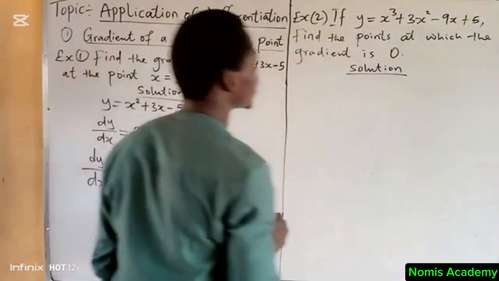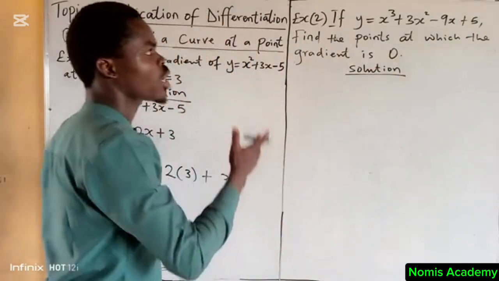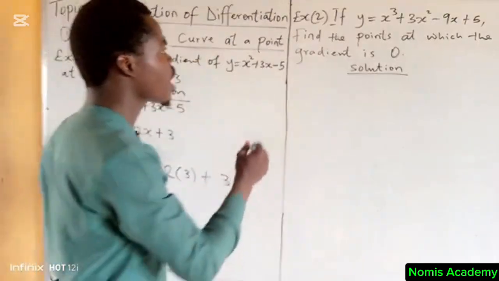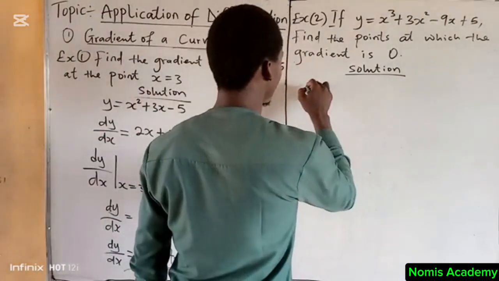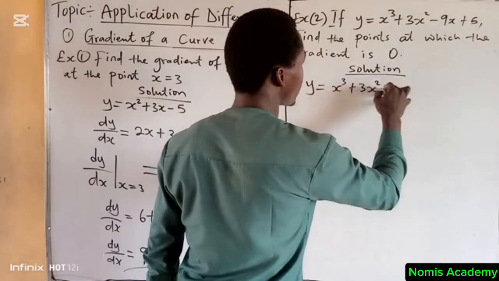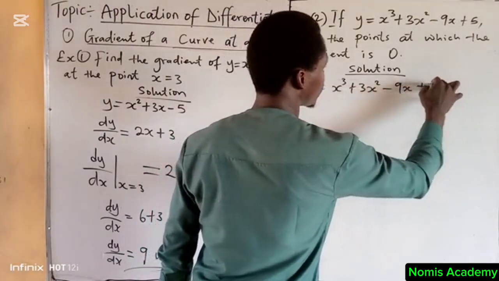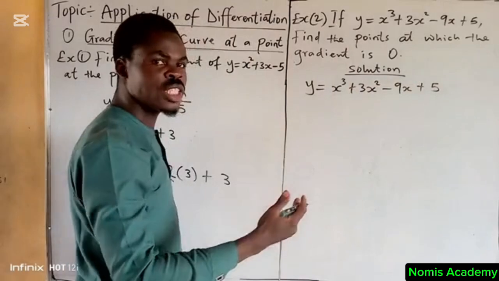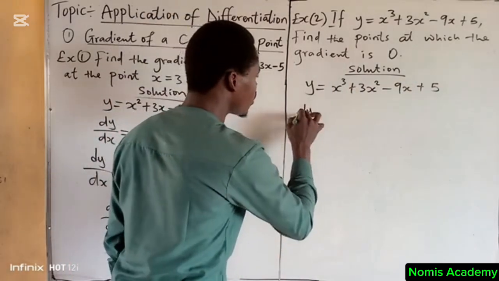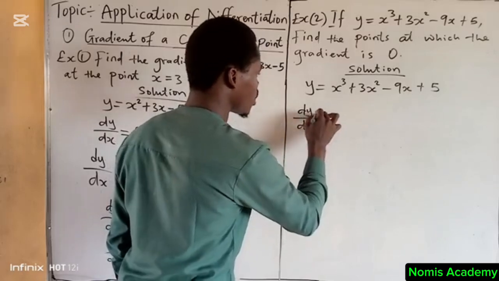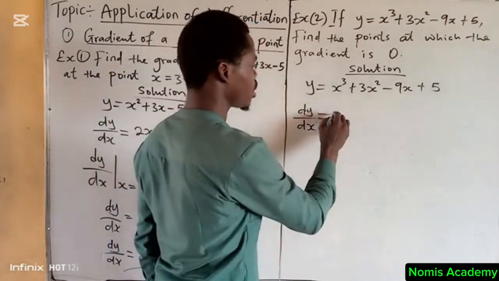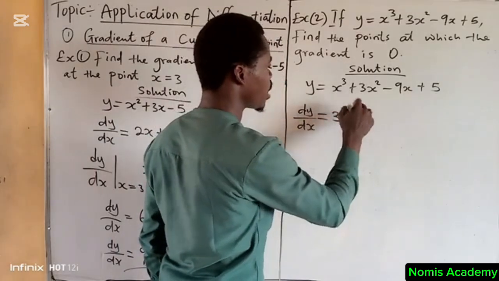Solution. Now the first thing we need to do, we are going to find the gradient of the curve, and that will be y equal to x cubed plus 3x squared minus 9x plus 5. Gradient of the curve is dy over dx equal to, differentiate x cubed, then you have 3x squared.